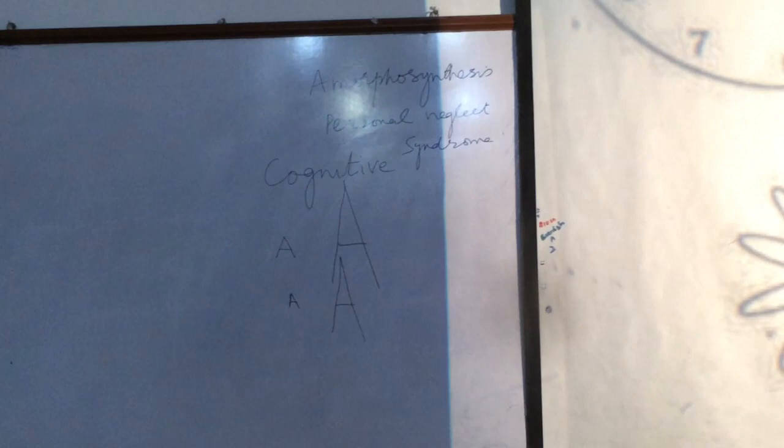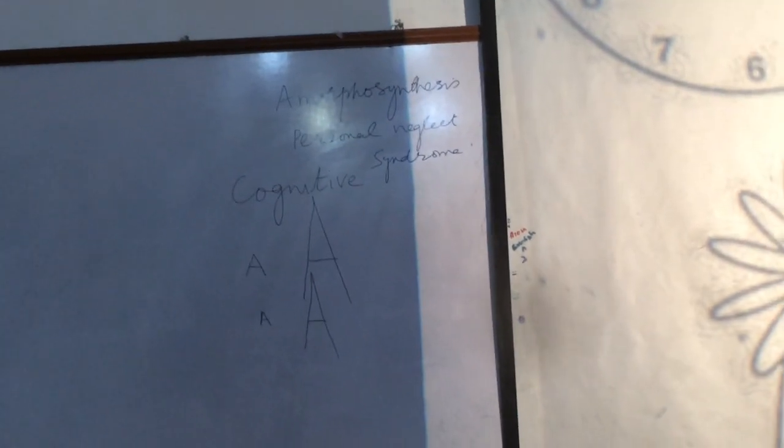He ignores the left side of the body for use in the motor activity. It appears that the left side of the body does not even exist for that patient. He will ignore, he will neglect the left side to be used in the motor activity. It is also called amorphosynthesis and personal neglect syndrome.